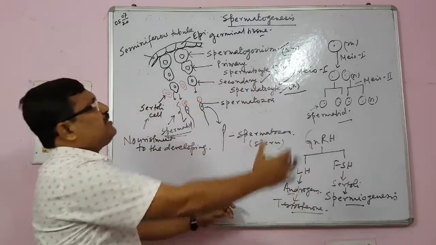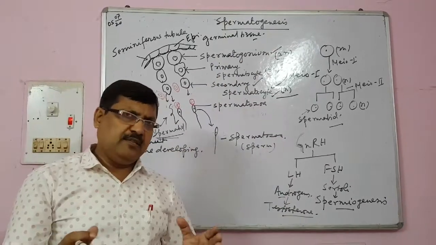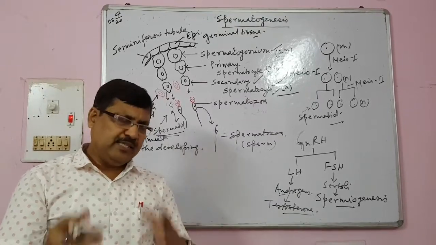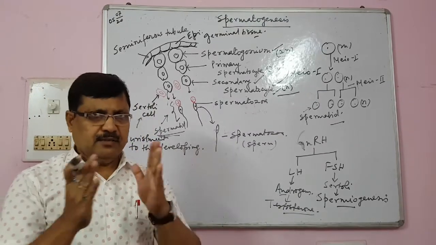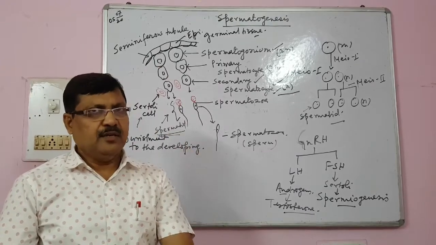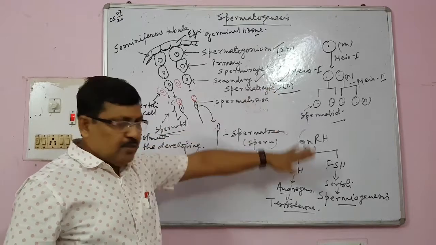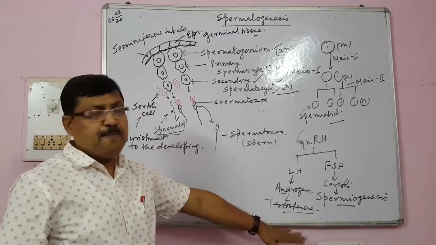So this is the entire spermatogenesis, and you have seen or you will see in the picture of the NCERT book the flow chart, where at the puberty stage spermatogenesis begins.